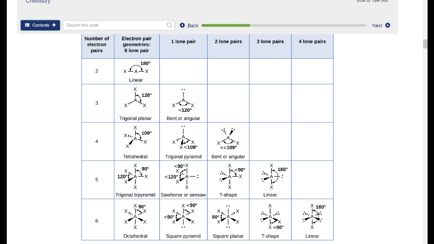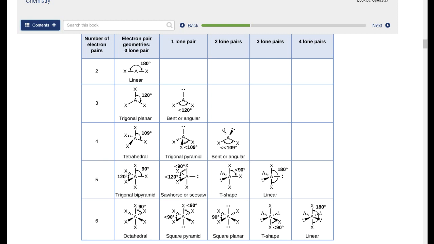And then it just gives you the increasing number of lone pairs. So 1 lone pair gives you a bent geometry, or trigonal pyramidal, or bisphenoidal, or square pyramidal.